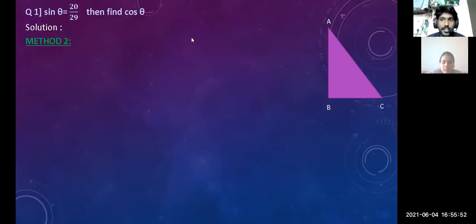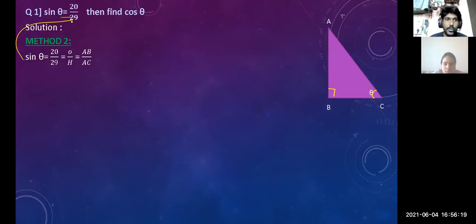So if you see the triangle, I'll call it ABC. It's a right angle triangle, and this is theta here. So sine theta, can you tell me what is sine theta? Sine theta is opposite upon hypotenuse, that is AB upon AC. Now in the question, sine theta is given as 20 upon 29. So O means opposite, H means hypotenuse.